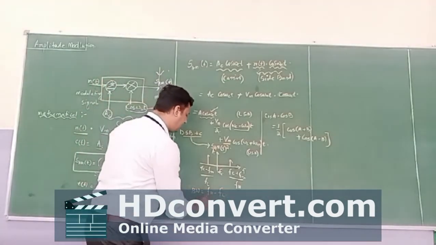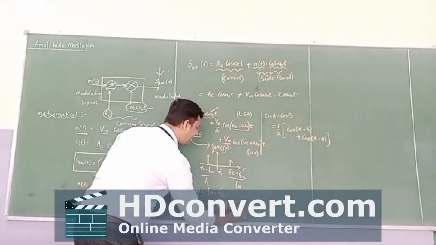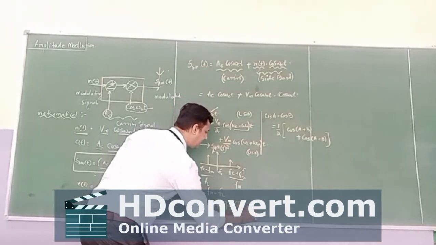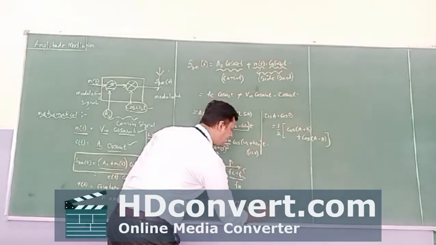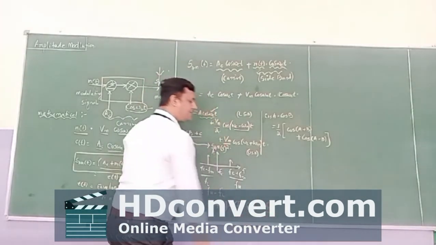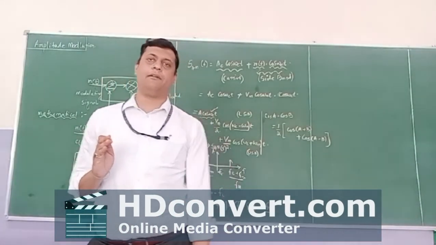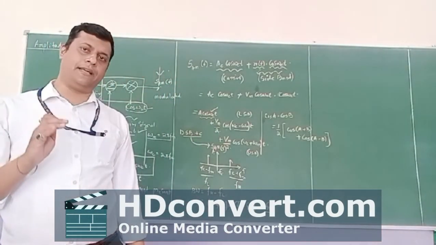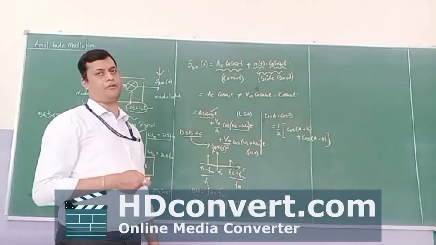In place of higher frequency I substitute Fc plus Fm, and for lower frequency Fc minus Fm. If I solve this, I get twice Fm. So the bandwidth of an AM signal is twice the modulating frequency.